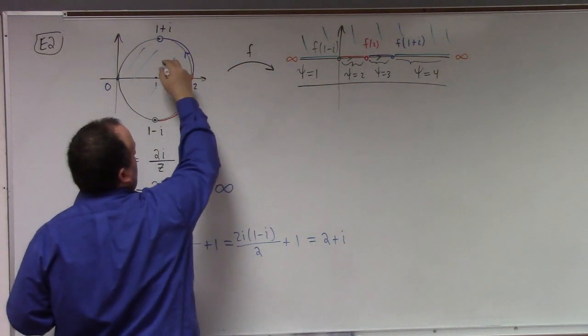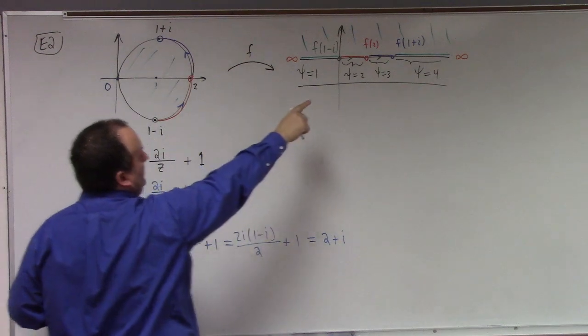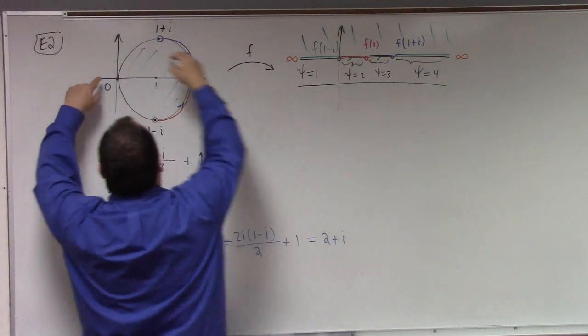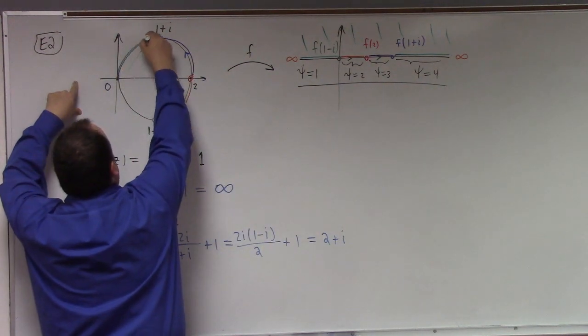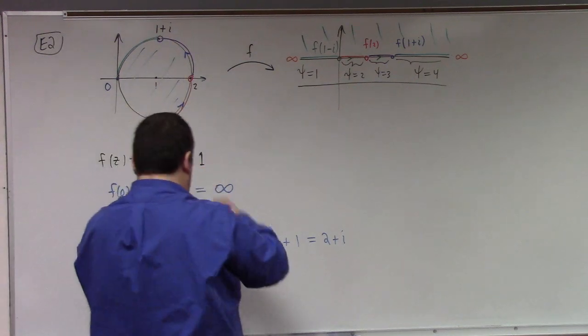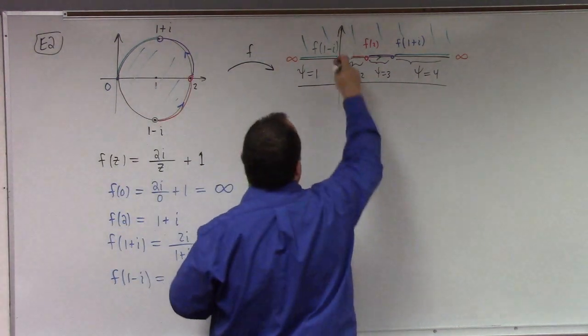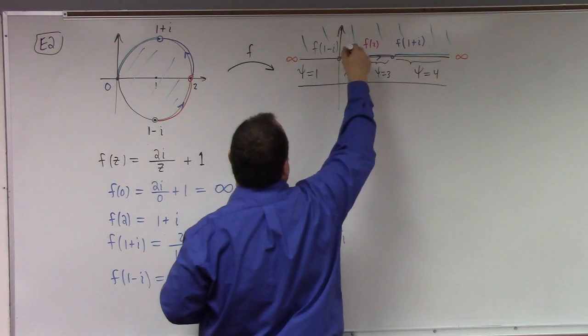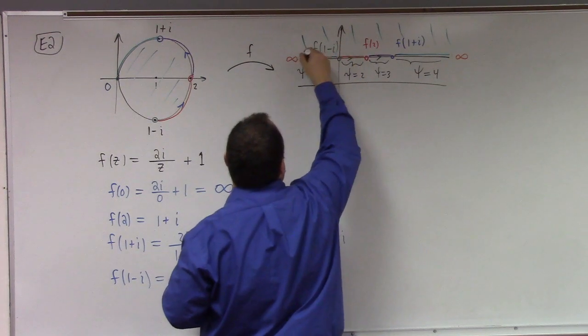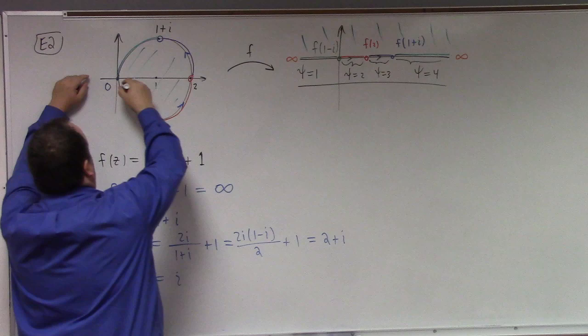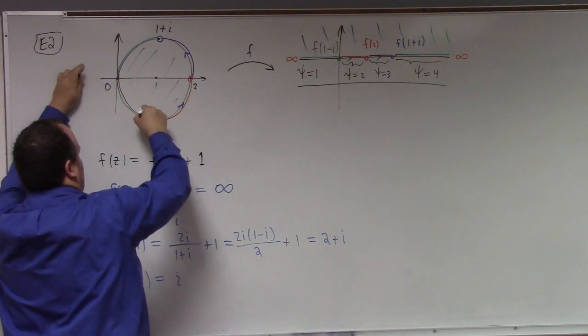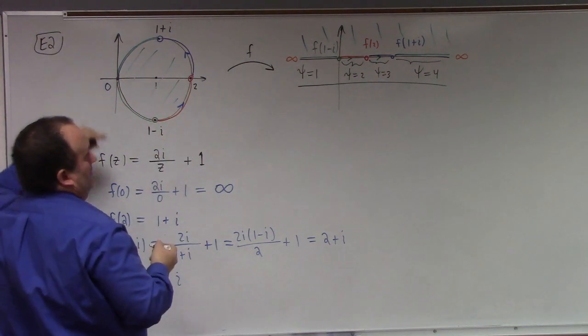So I think I can put, all right, so from the blue to infinity is this piece, and then from the green to infinity is this piece. So I think this will make sense.